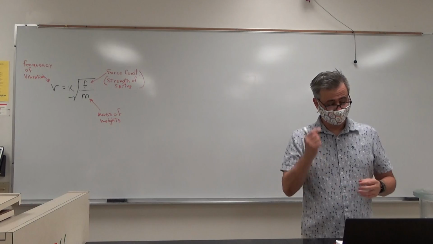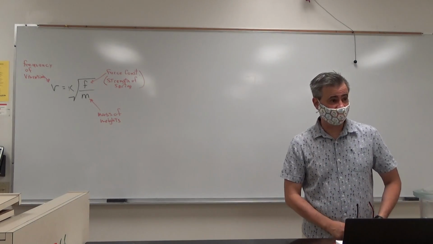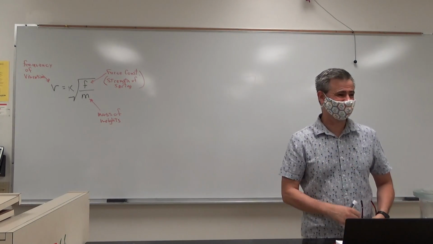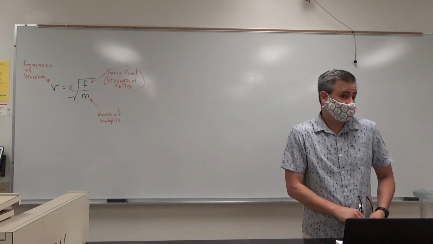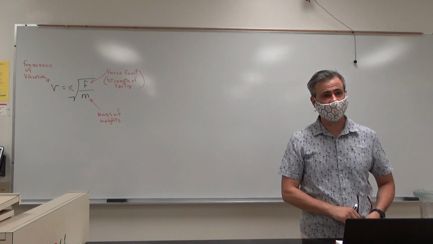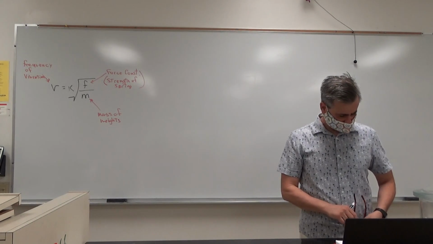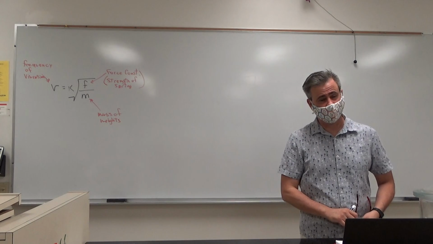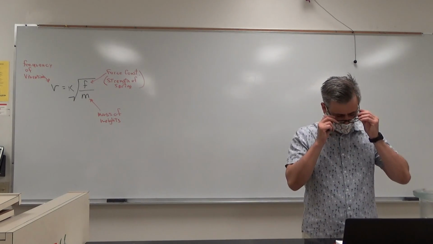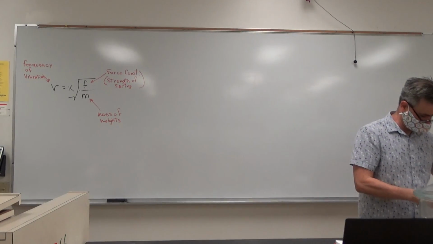So, very simple solution: we'll take wavelengths, but we'll use the inverse. We'll use 1 over the wavelength, and that is called a wave number. So rather than wavelength, it's wave number.